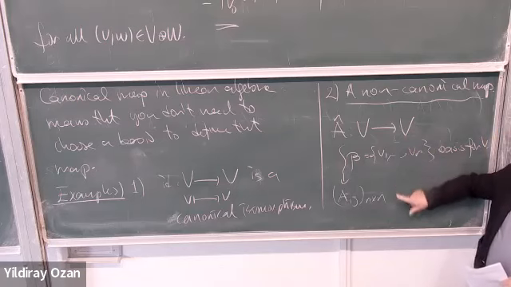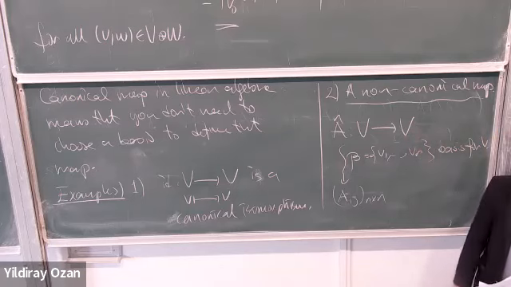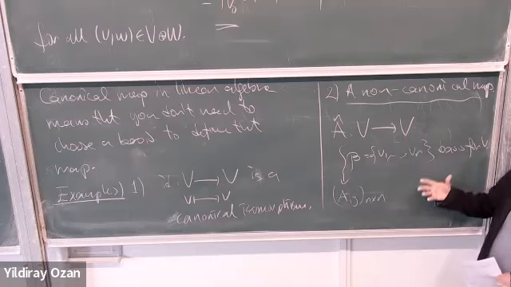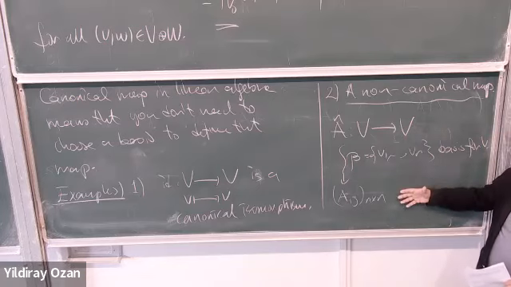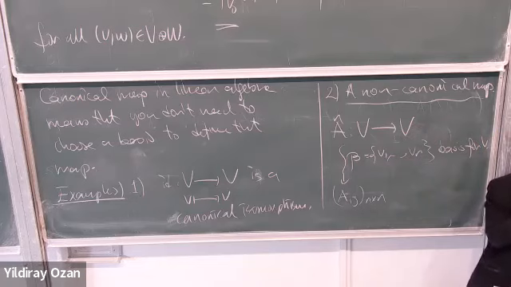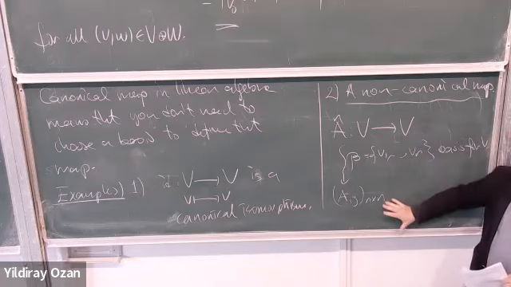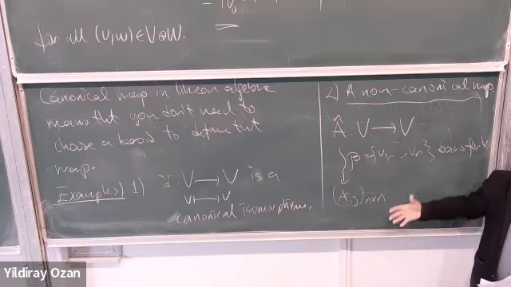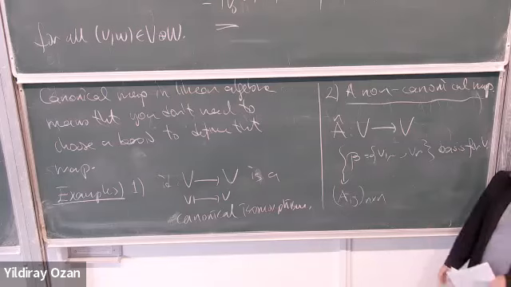Therefore, this association, which is actually also a linear map, is not canonical, right? There is no canonical way of associating a matrix to a linear map, right? If you give me a linear map, what is the matrix for that? You have to give me a basis so that I can write down a matrix representation. Otherwise, you cannot do that. Tamam mı?